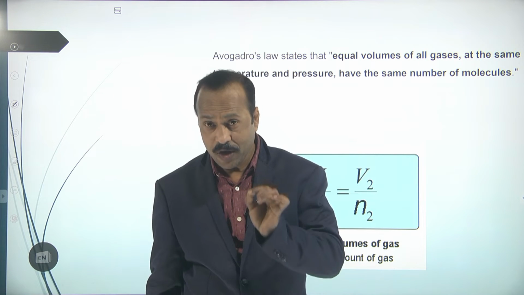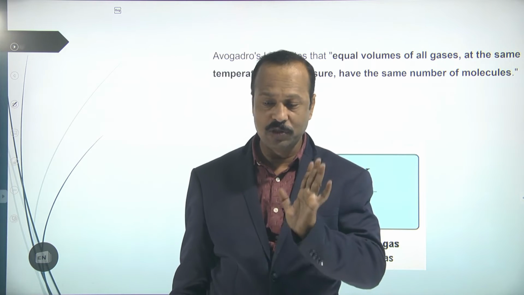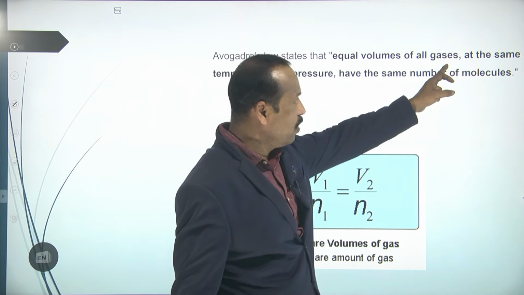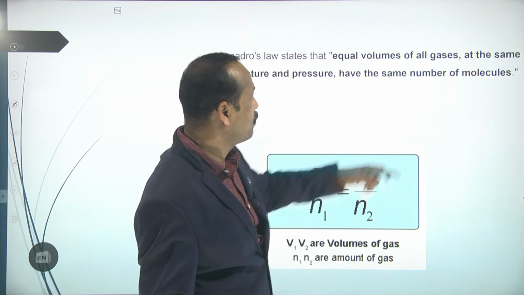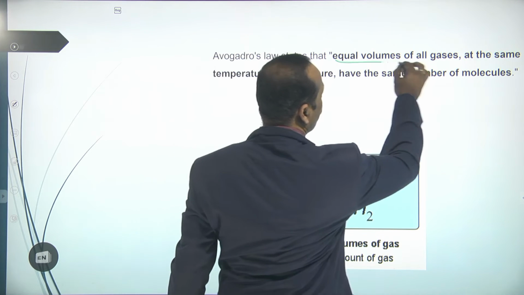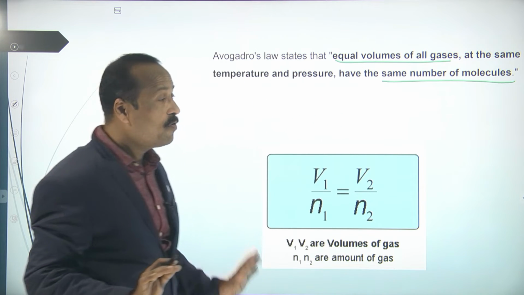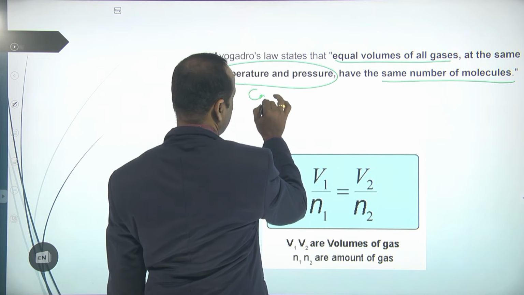Very simple. So Avogadro says equal volumes of all gases at the same temperature and pressure have the same number of molecules, when the temperature and pressure are kept constant. Is this clear to you?